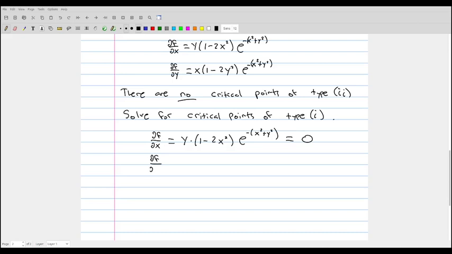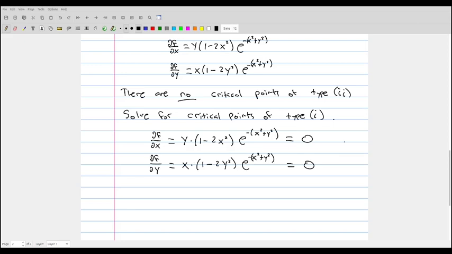And we also have to set the y partial derivative equal to 0, which amounts to x times 1 minus 2y squared times e to the negative x squared plus y squared equal to 0.